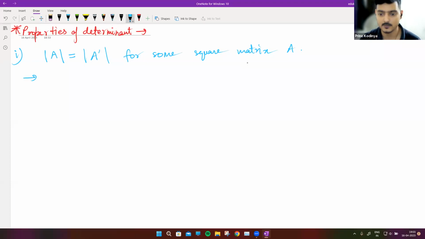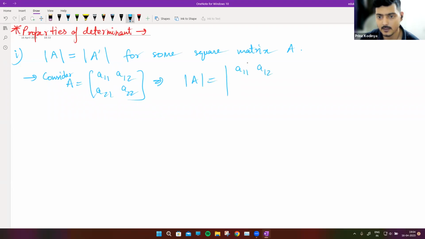Let's think about this. Why do A and A dash have the same value? Let's say our A is some matrix A11, A12, A13. Can I take a 2 cross 2 determinant, because that will be much easier to show you, and I can even show you the values. Let's say this is the matrix, and I'm trying to find its determinant. So this will be A11, A12, A21, A22.